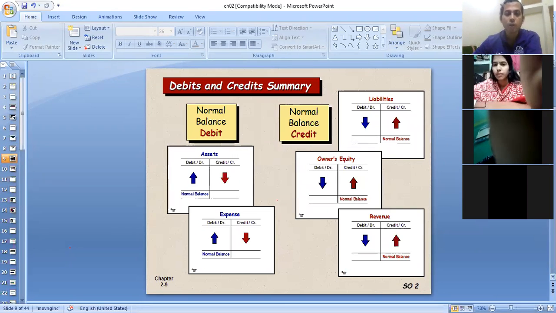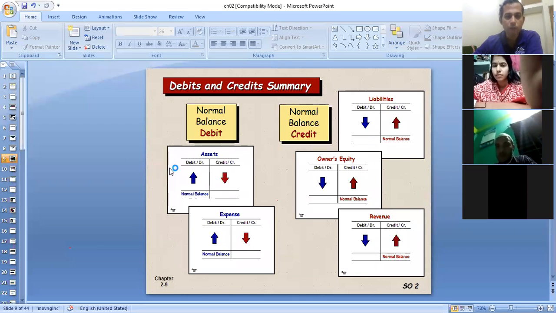Now, the most important thing that I'm going to discuss here is the debit and credit summary. Some items have a normal debit balance. If assets increase, debit; assets decrease, credit.